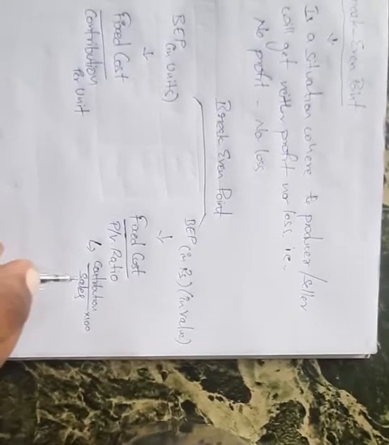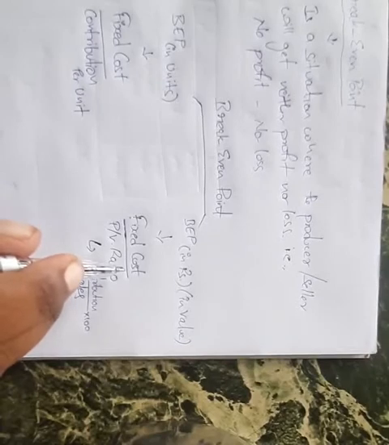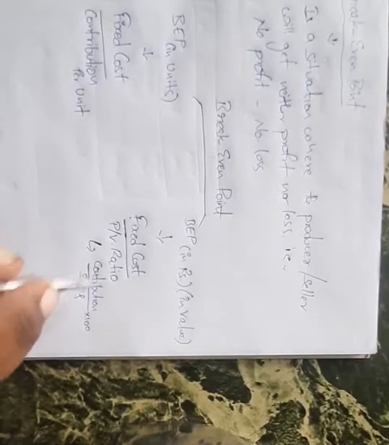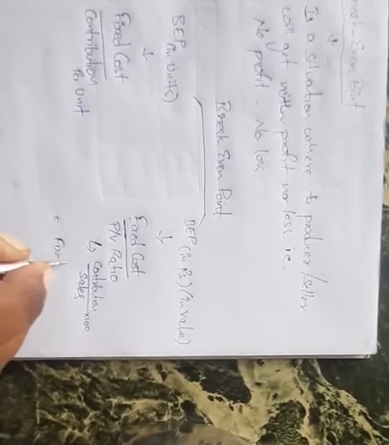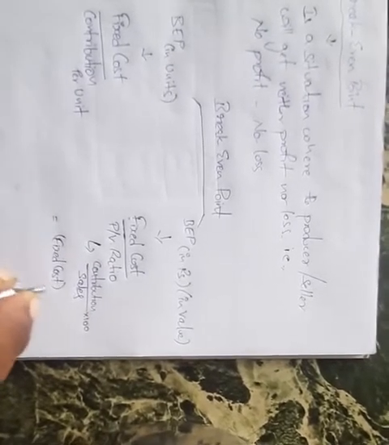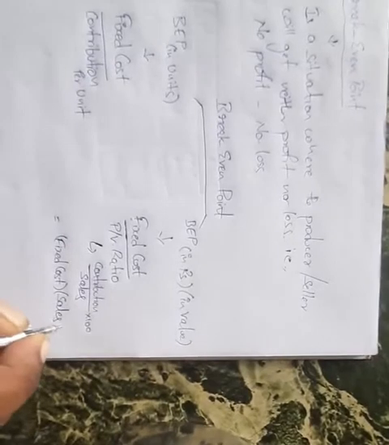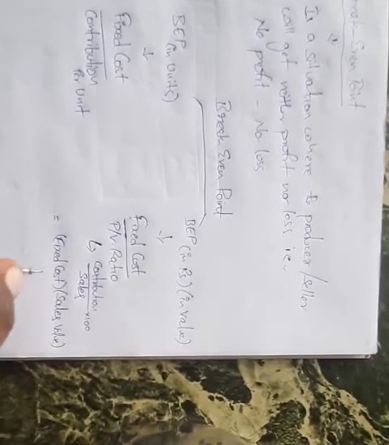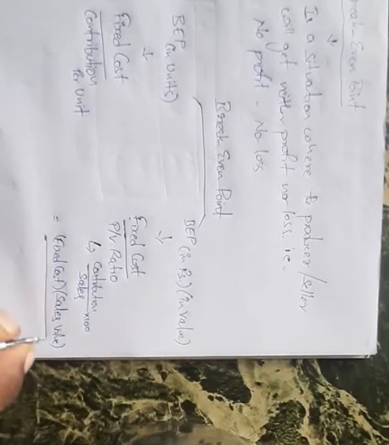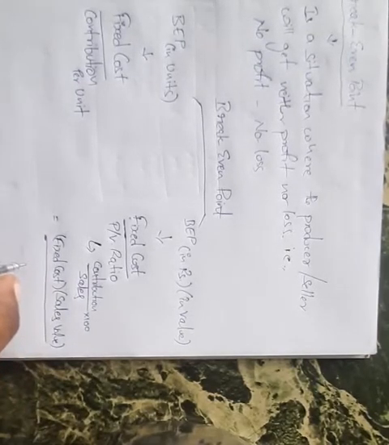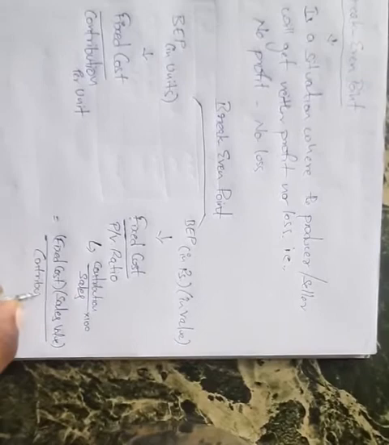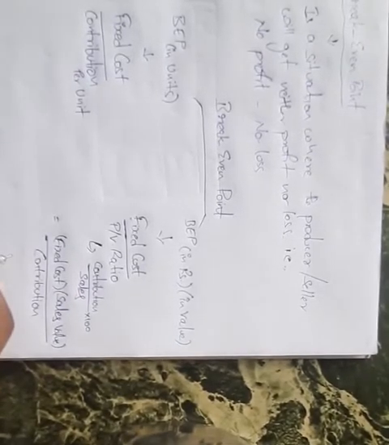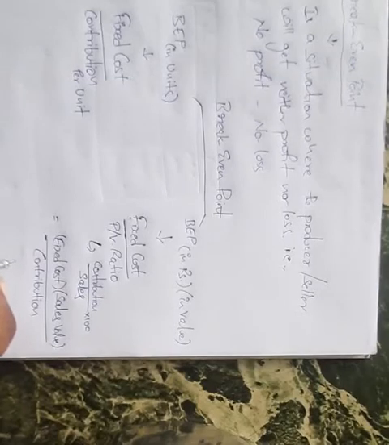So fixed cost, now this sales will be in the upper position, so the formula could be fixed cost multiplied by sales value divided by contribution, that is sales minus variable cost.